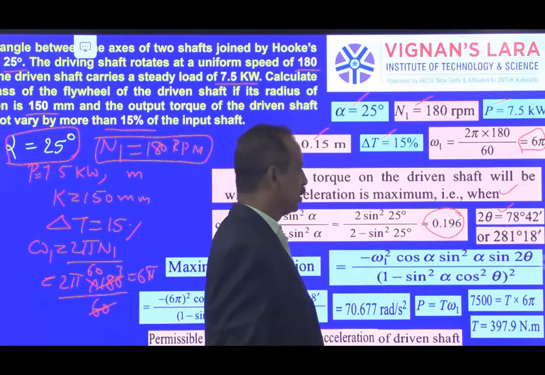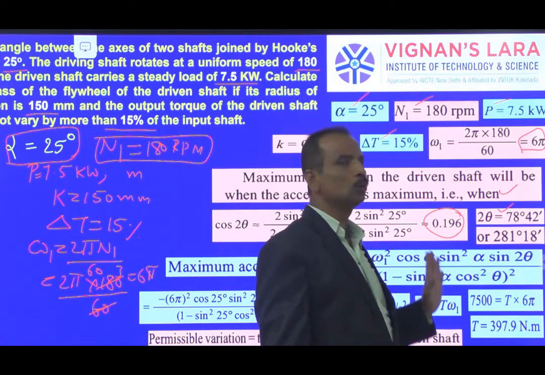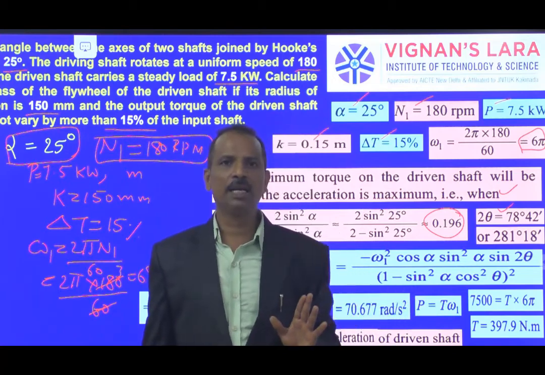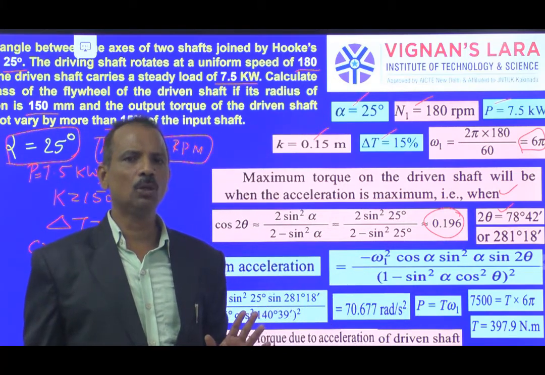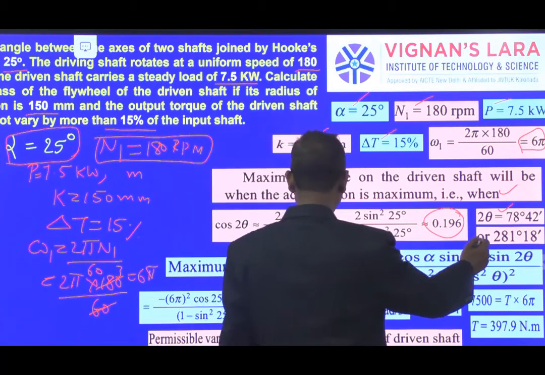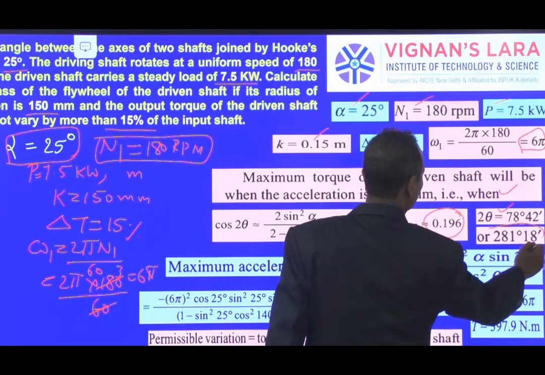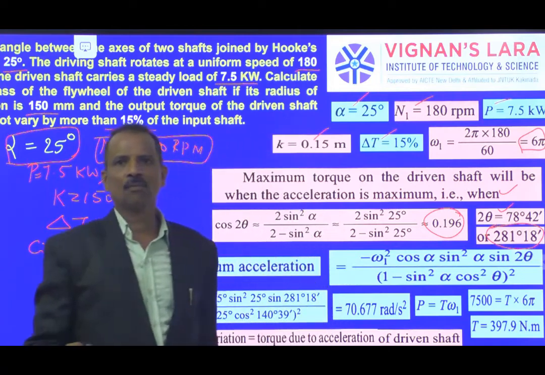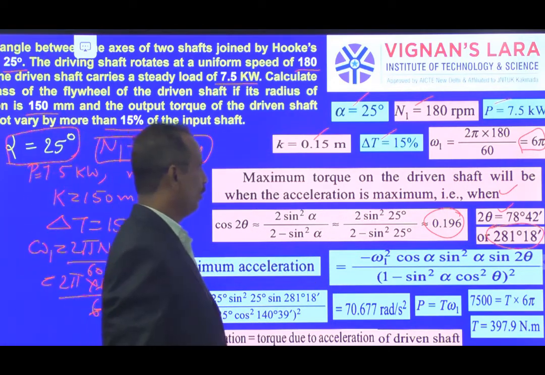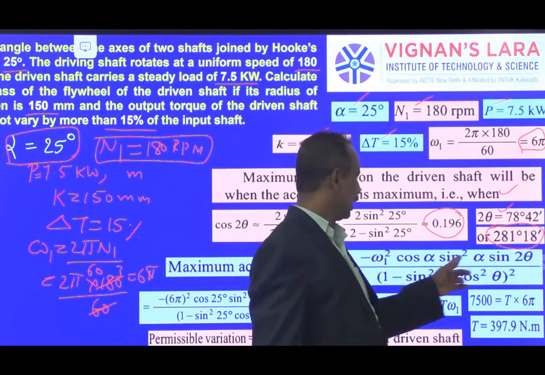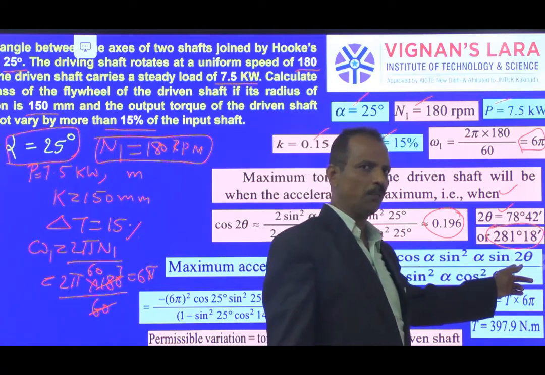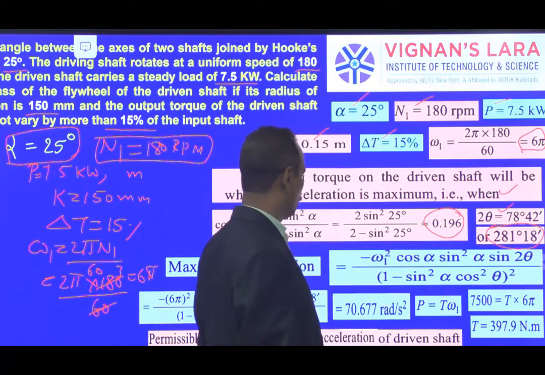Sin alpha is a positive value. Then sin 2 theta: sine will be negative in the third quadrant, that is 2 theta is 281 degrees. So if this becomes negative and there is another negative in the equation itself, negative into negative becomes positive, then you will have the maximum.